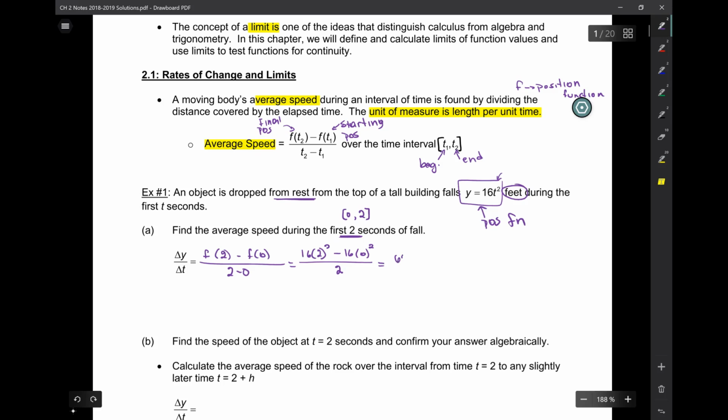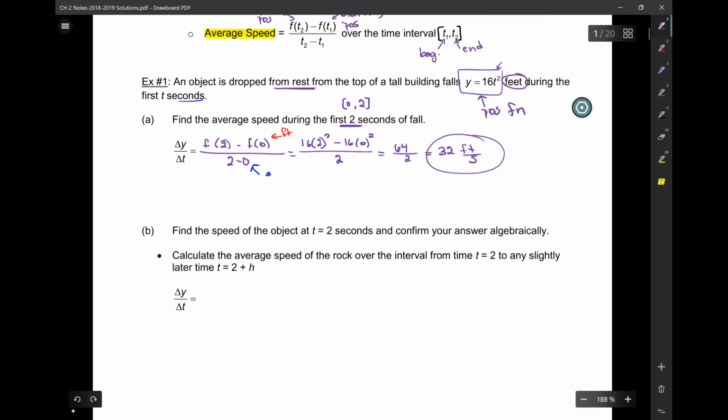So this is 64 over 2, 32. Now, this numerator was the f minus the f, and that position function is given to me in feet, so that is expressed in feet. The denominator is my time difference, and time is given in seconds, so that's seconds. That means my units here are feet per second. Okay? All right.